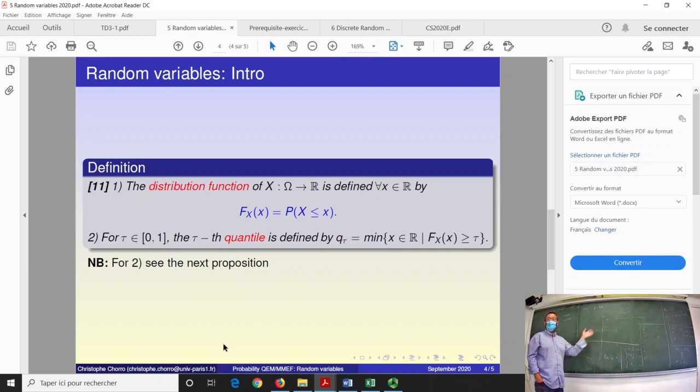On this graph, I can see a lot of characteristic properties of a distribution function, which we are going to see in the next slide. The limit in minus infinity is 0. The limit in plus infinity is 1. I see that I am increasing in the large sense. Not strictly increasing, because I have this flat part here, but increasing. And I can also see more technical properties: this mapping is right continuous.